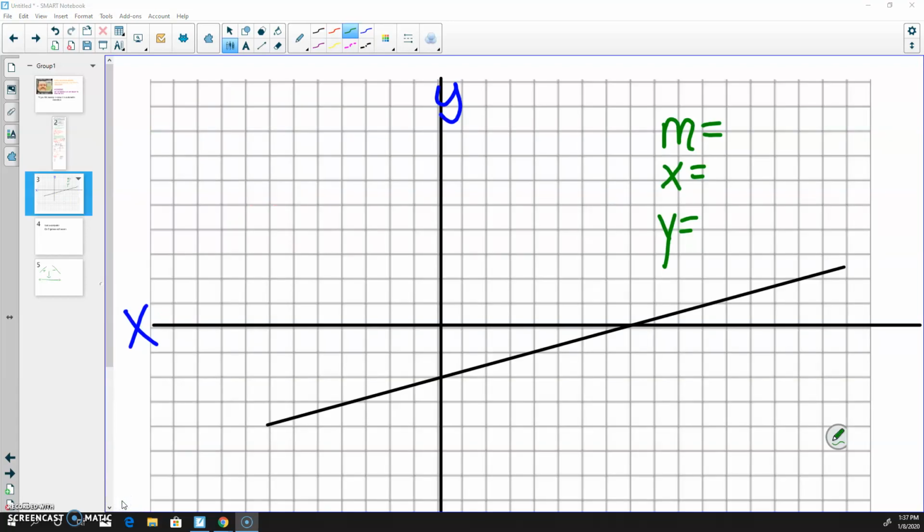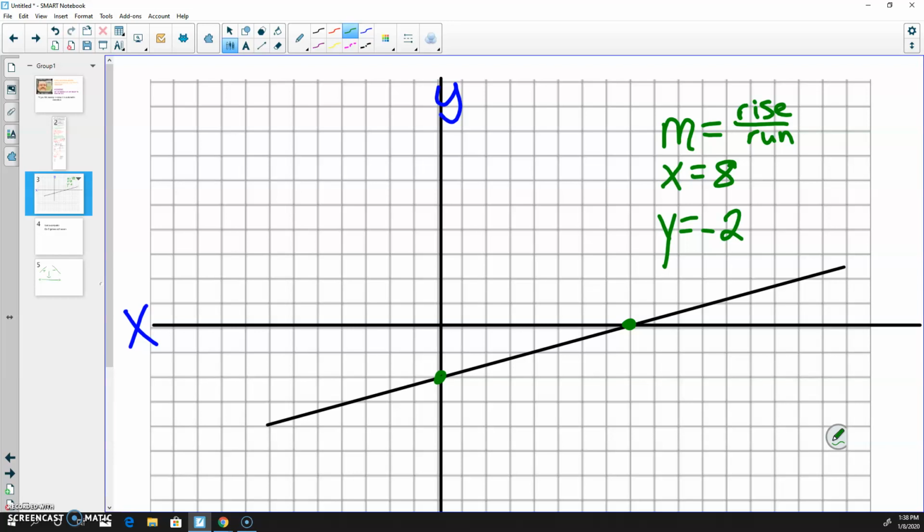If they give you a line and they want you to find m, x, and y, well, right here is my x line going left and right. Horizontal, right? So where does it cross the x-axis? 1, 2, 3, 4, 5, 6, 7, 8. Where does it cross the y-axis? Down 2, right? And your slope is rise over run. Is this a positive or negative slope? Positive is going uphill.